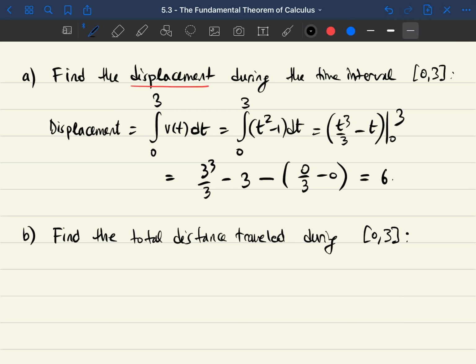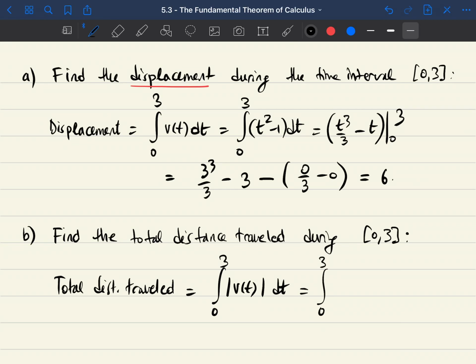Okay? So the distance traveled is equal to the integral from 0 to 3 of the absolute value of v of t. This is always true for any velocity function. So from 0 to 3 of the absolute value of t squared minus 1 dt.